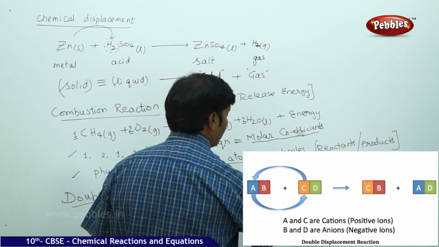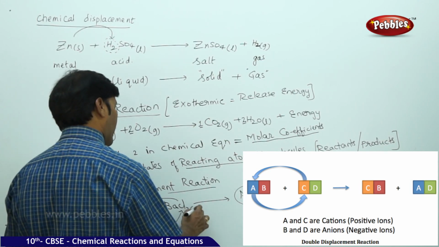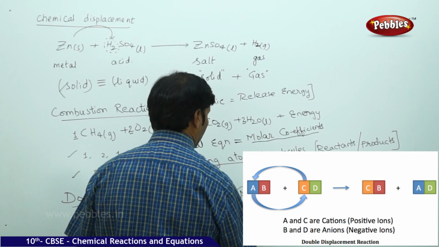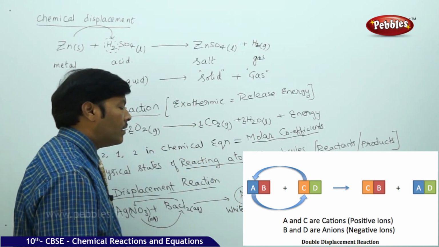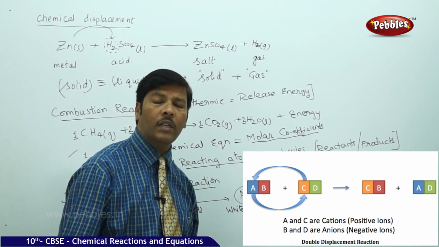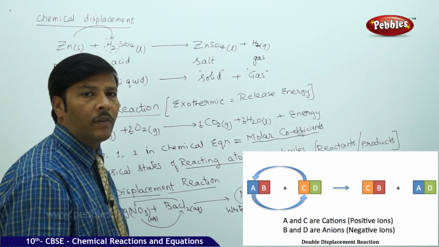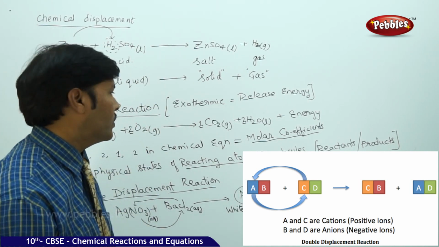This is aqueous, this is also aqueous, and this is a precipitate, a white precipitate. In this way we can study the different types of chemical reactions and gather different types of information from the chemical reaction or chemical equation.